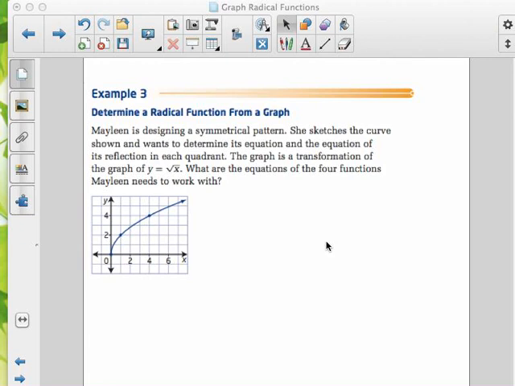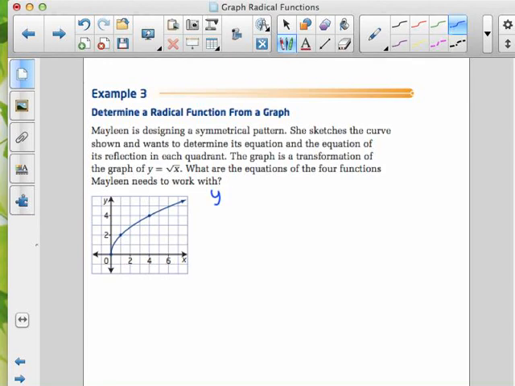All right, so when we are writing the equation of a square root, we want to consider what a is, what b is, what h is, and what k is. And this will be the format for our equation. Y equals a, where a is a vertical stretch. B is the horizontal stretch.